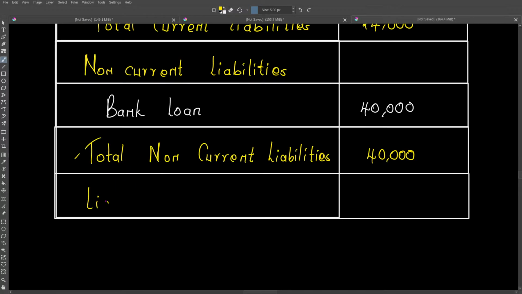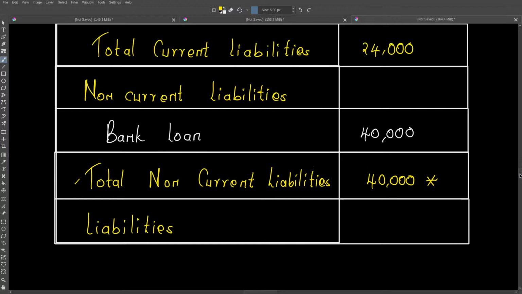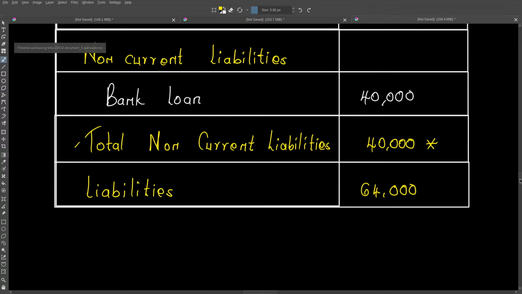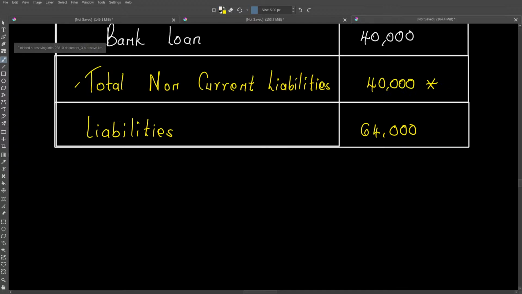What is our total liabilities? We have this 40,000 plus the total current liabilities of 24,000, which is 64,000.